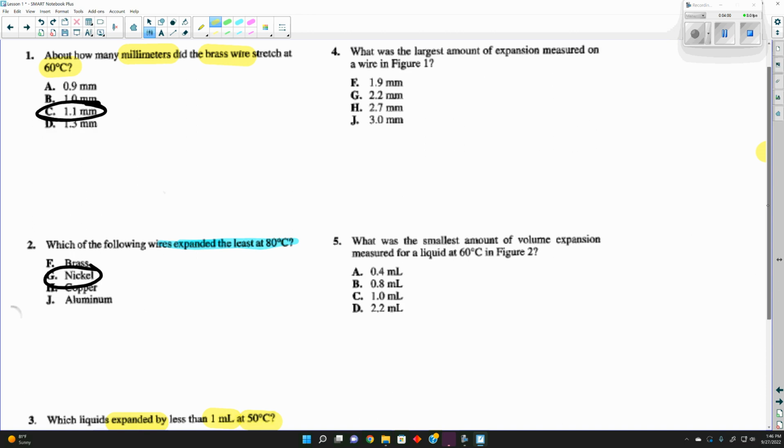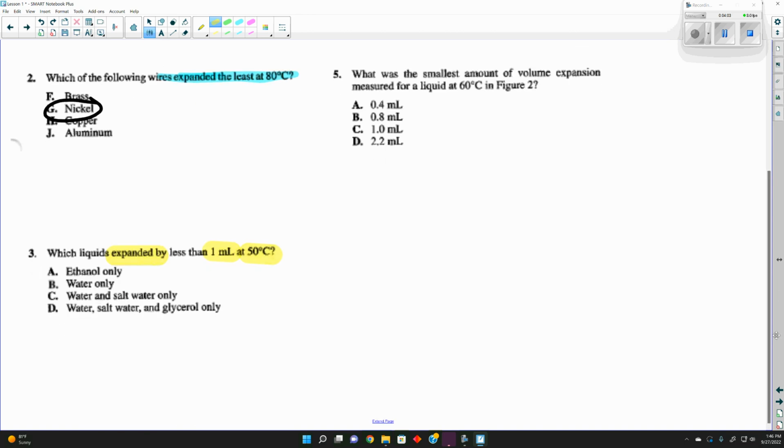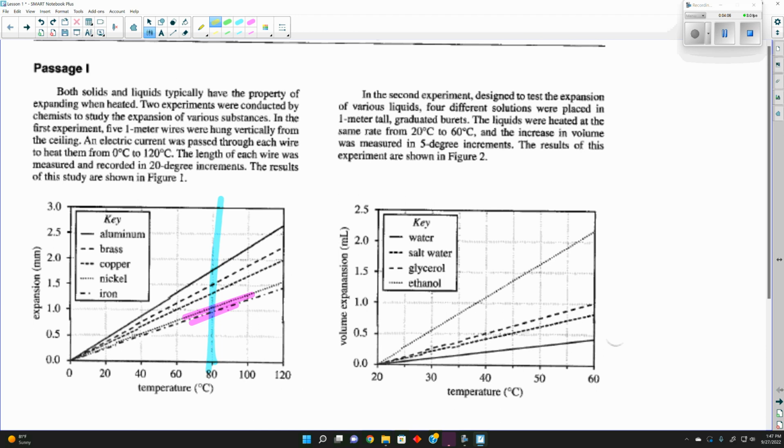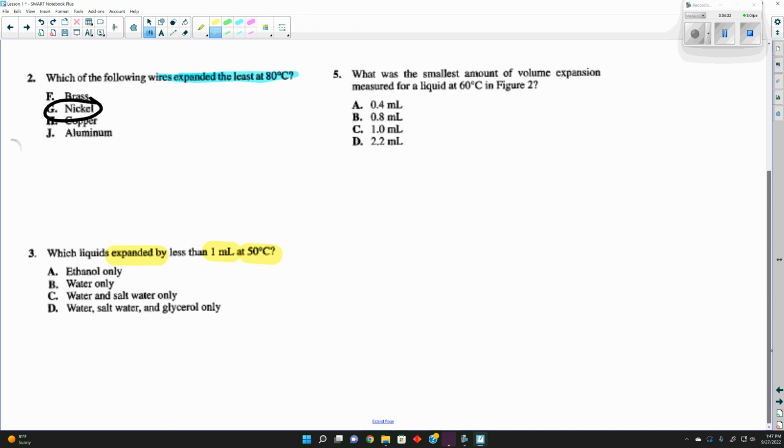Our key terms are less than 1 milliliter at 50 degrees Celsius. So what's the only one that's above it? Ethanol's the only one above it, right? All the ones that are less than it are water, salt water, and glycerol. So D.